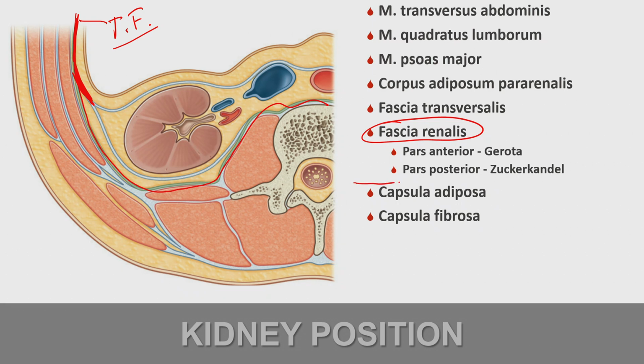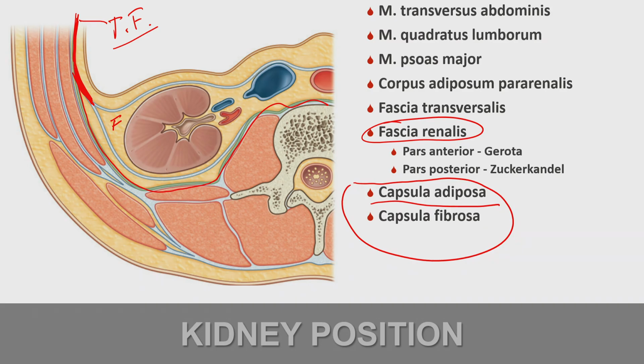Inside the fascia there are the capsules of the kidney. Outside is fatty tissue, which is called the adipose capsule. It is the thermal and mechanical protection of the kidney.